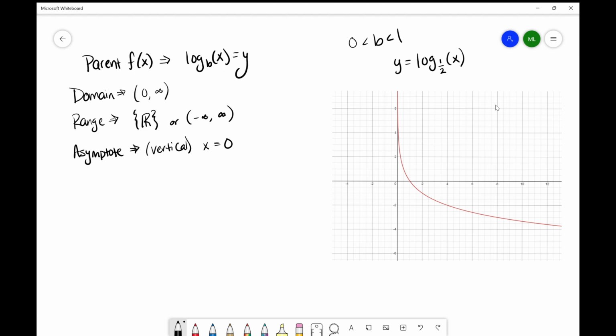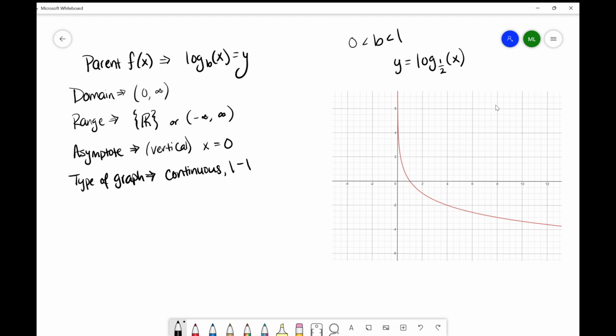Then we have the type of graph. This is also continuous on all the points, so all points are included. We can also say that for every x, I have a y value, so this is a one-to-one function. The difference here is more of a visual difference.